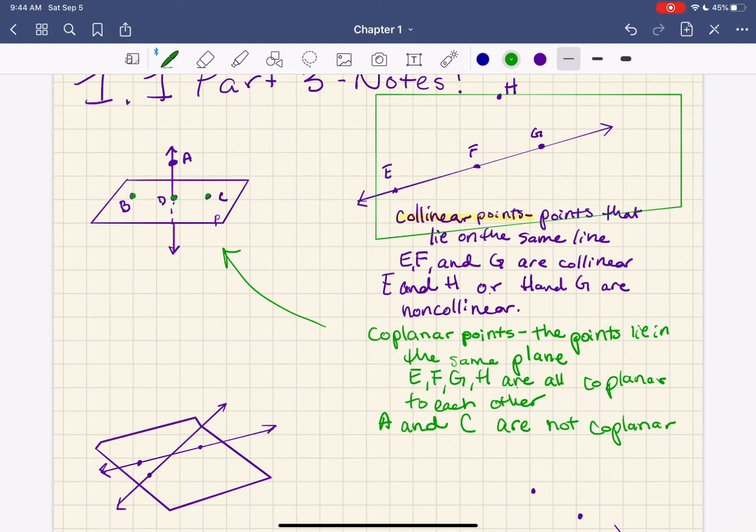So we can make those distinctions. They're all on the same plane, they're all on the same line, all right?